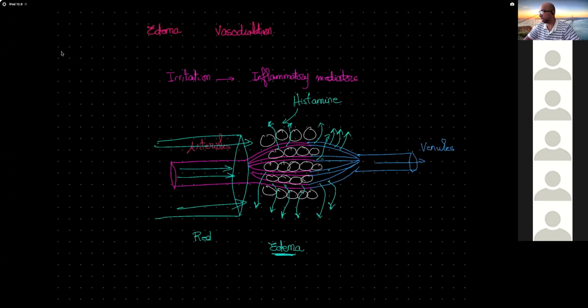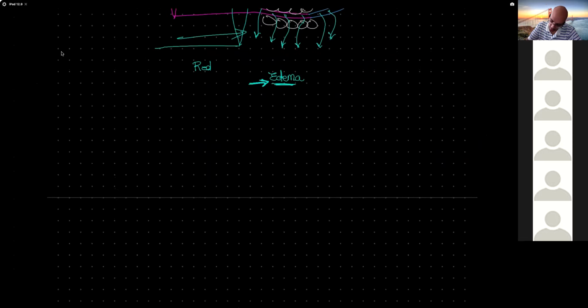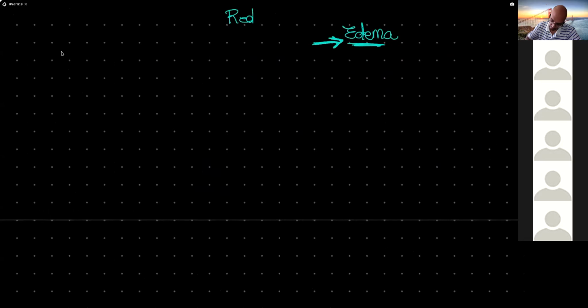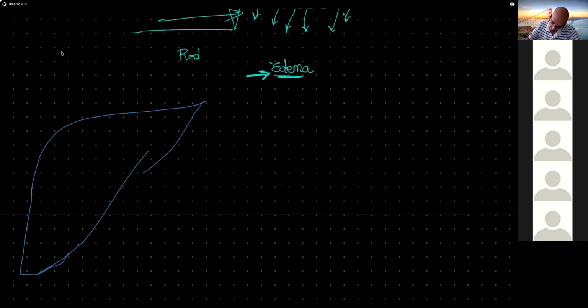Is there any other way I can get edema other than from inflammation? This is the most common reason. Other reasons might be due to the loss of the osmotic effect of the blood. So if this is my liver like this, the liver is producing a protein that keeps the fluid inside your blood vessels called the albumin.